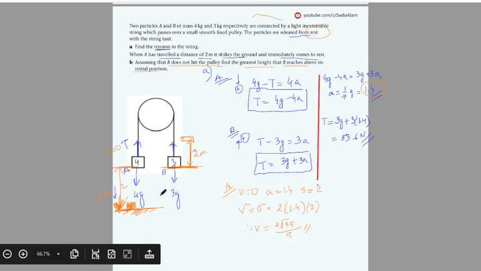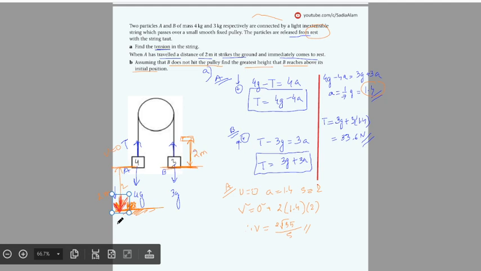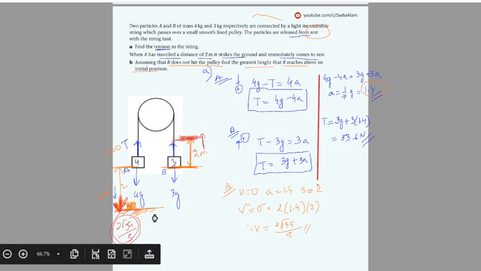So the thing is, particle A hits the ground with a velocity of 2√35 by 5. At the same time, B was moving with this velocity, right? But when A hits the ground, it is no longer moving in this direction.